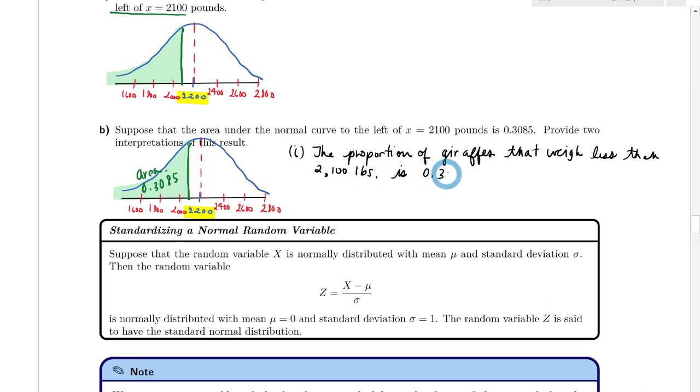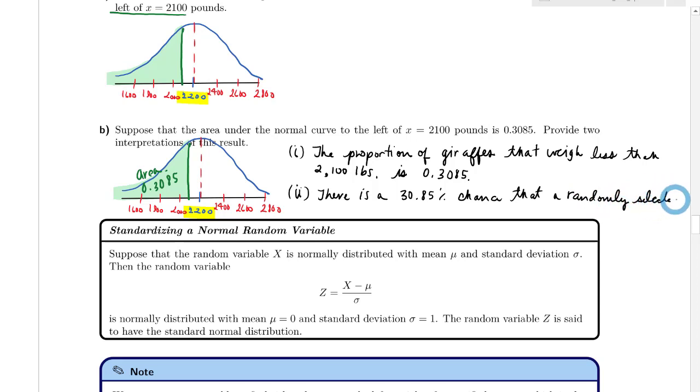The second way is we could look at it as a probability. We could say there is a 30.85% chance that a randomly selected giraffe weighs less than 2,100 pounds.